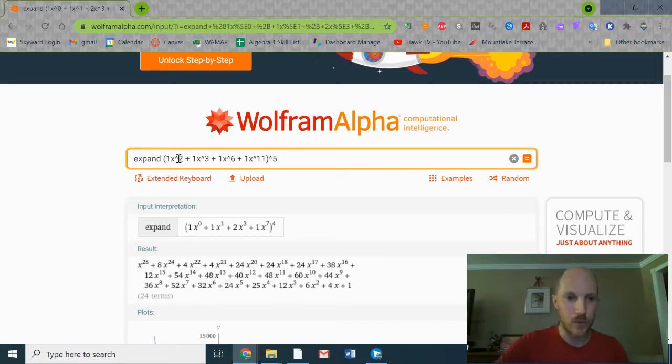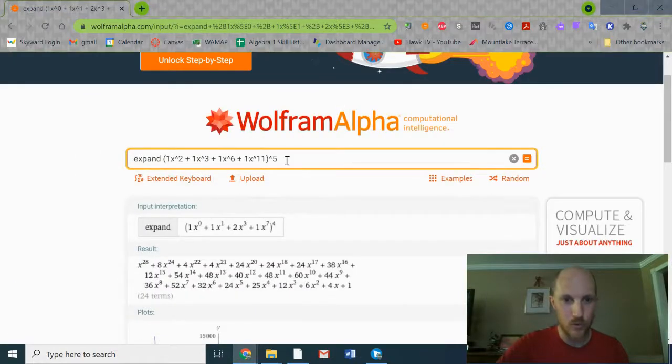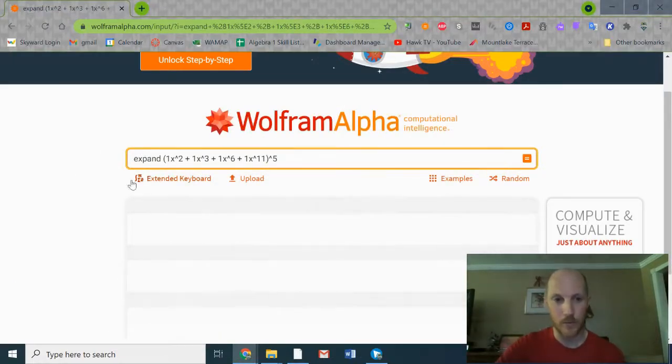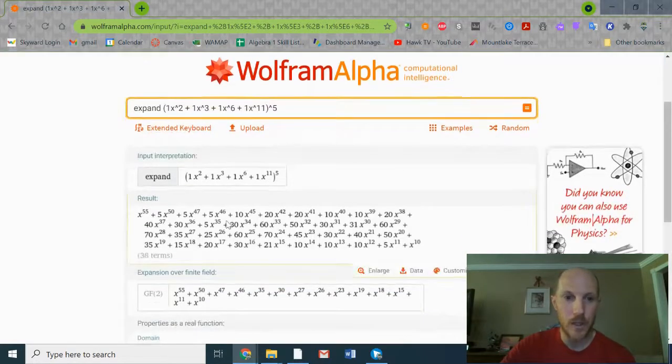So I got 1 space with a 2, 1 space with a 3, 1 space with a 6, 1 space with an 11, 5 spins, still with my directions of expand. Just going to do a quick check, 2, 3, 6, and 11, to make sure I remembered the right thing. Okay, I'm going to hit enter again so we actually calculate what I just typed in there. All right, and here is my expansion.